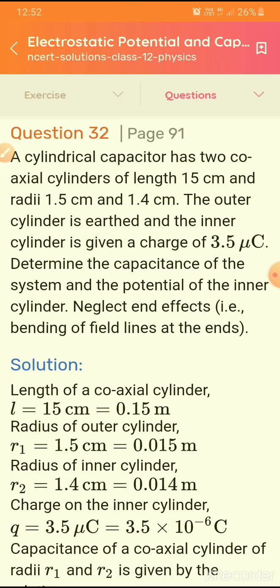So L is equal to 15 centimeter, which is 0.15 meter, and the radius R1 is equal to 1.5 centimeter, which is 0.015 meter. The radius of the inner cylinder R2 is equal to 1.4 centimeter, which is 0.014 meter.